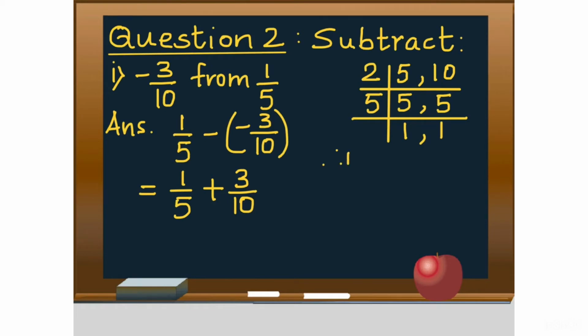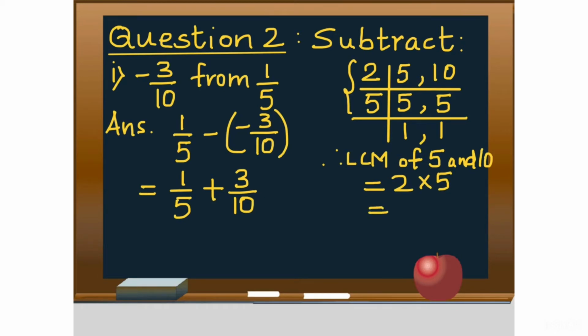Therefore, LCM of 5 and 10 is equal to multiplying these factors. 2 times 5, which is equal to 10.